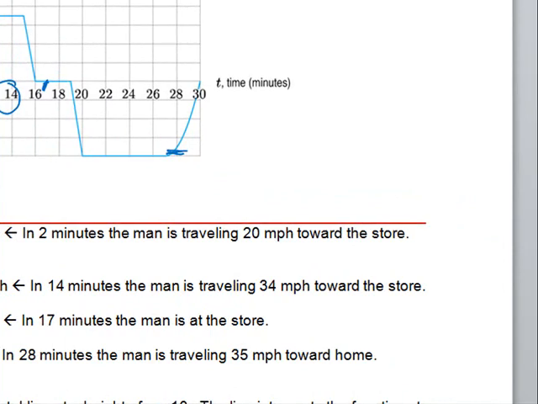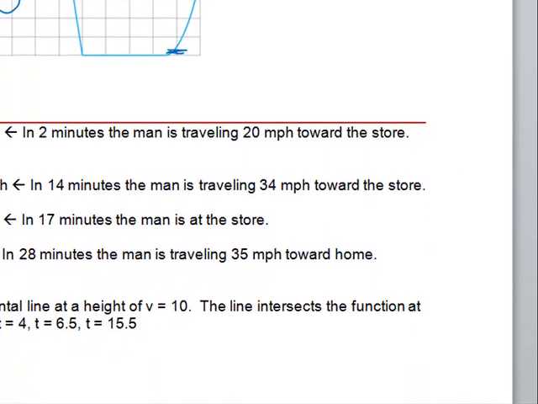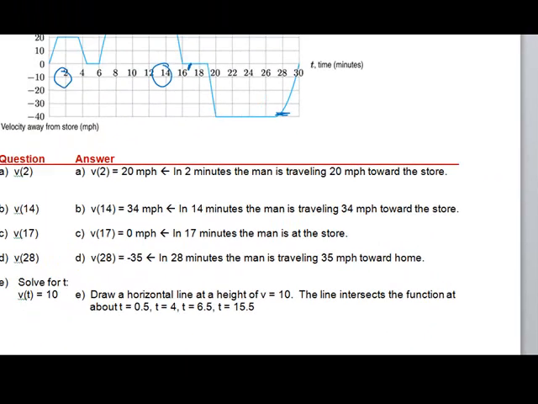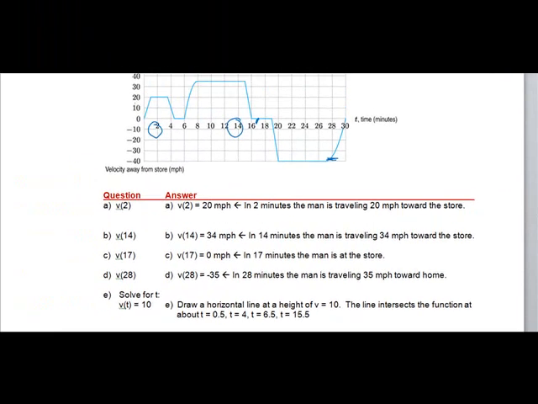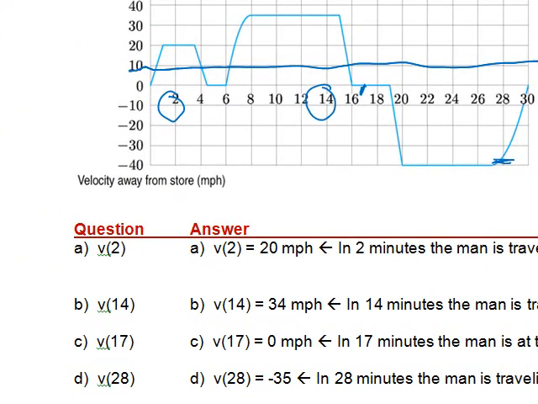Then we have one more piece of this. Suppose I want to solve for t when v at t equals 10. Now notice 10 is no longer the input, 10 is the output, 10 is the velocity. So what I would want to do is read across my velocities and find all of the values that produce that output of 10.